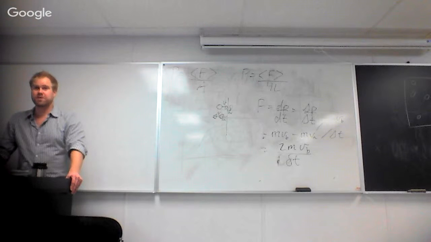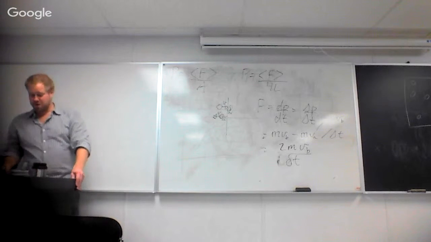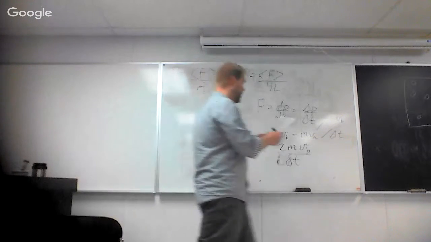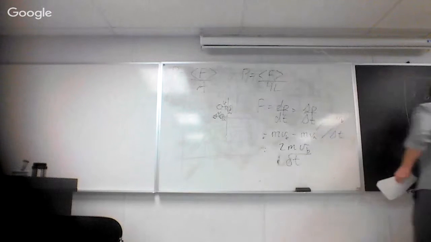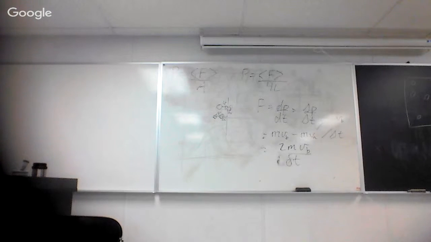Okay, so what do we do then? Each collision with the wall contributes to the pressure, and I don't care if it's a positive or negative velocity, so I can just take the absolute value of 2mv over delta t. Every collision we have gives us this contribution to the force.